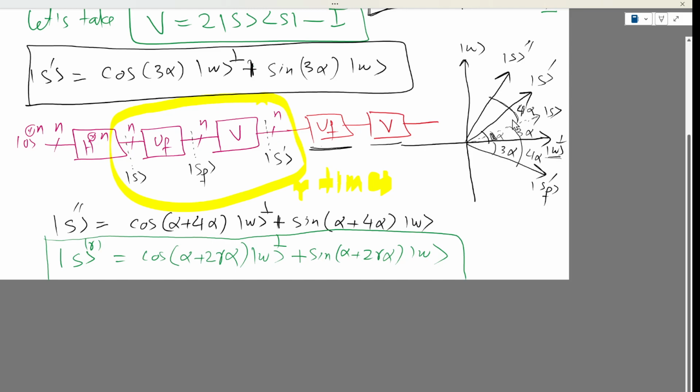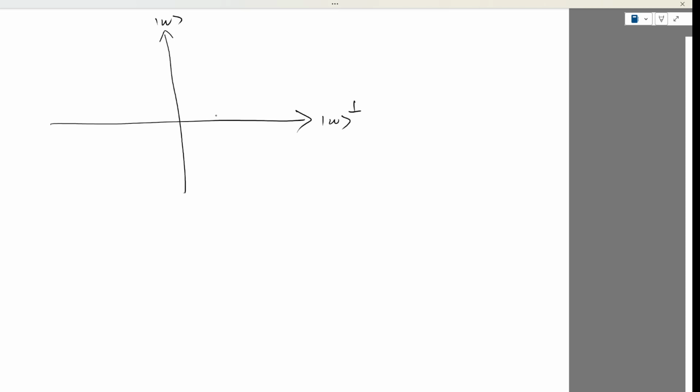And what we want is that at the end of our iterations, let me just show it here again. Let's start from here. Initially our state after the first Hadamard transform was S, making angle alpha.